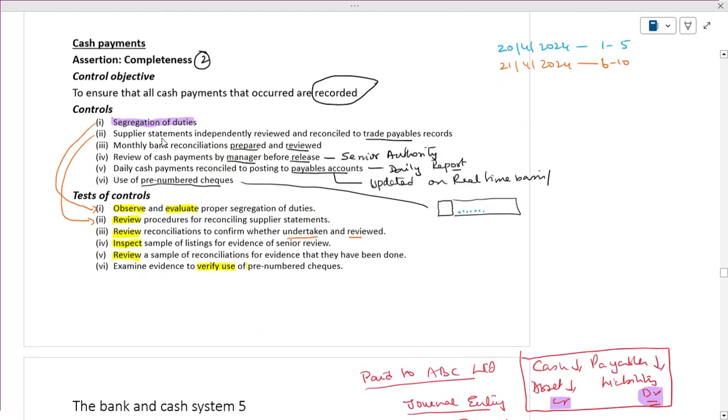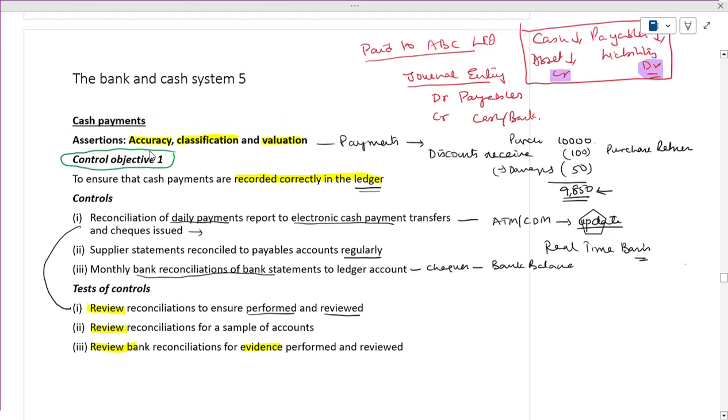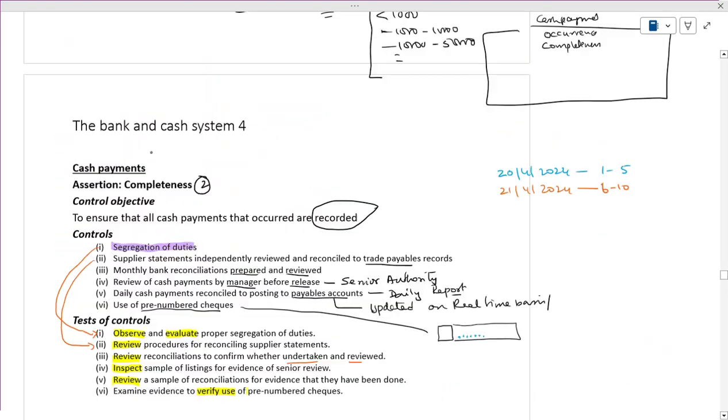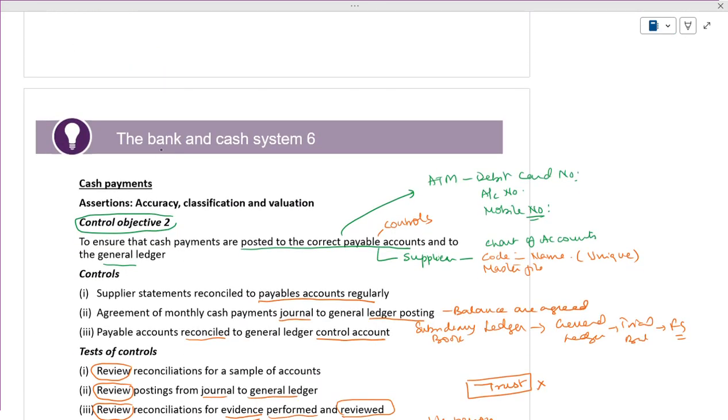The second one is completeness. Then once it is complete, then you see accuracy, totaling, classification. Once it is complete, then we make classification. This is the third one. Am I right? Second, third. Yes. Next, what is the third?